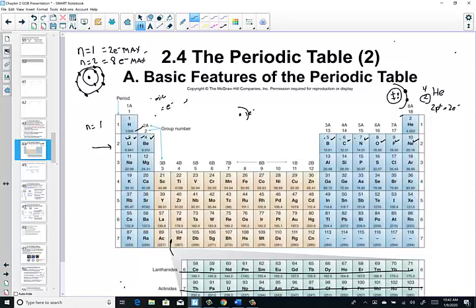Then the row is full. We've reached the end of the row. Once we hit neon, that shell is closed down as full. A noble gas configuration has been achieved.